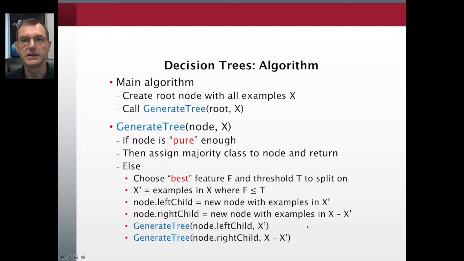This process continues deeper and deeper into the tree until essentially all of the nodes are pure enough and therefore turn into leaf nodes. That's the overall algorithm for generating the tree, and highlighted in red here are the major questions that we need to ask, and therefore we need some sort of measure to determine what are the best features and thresholds and when a node is pure enough.